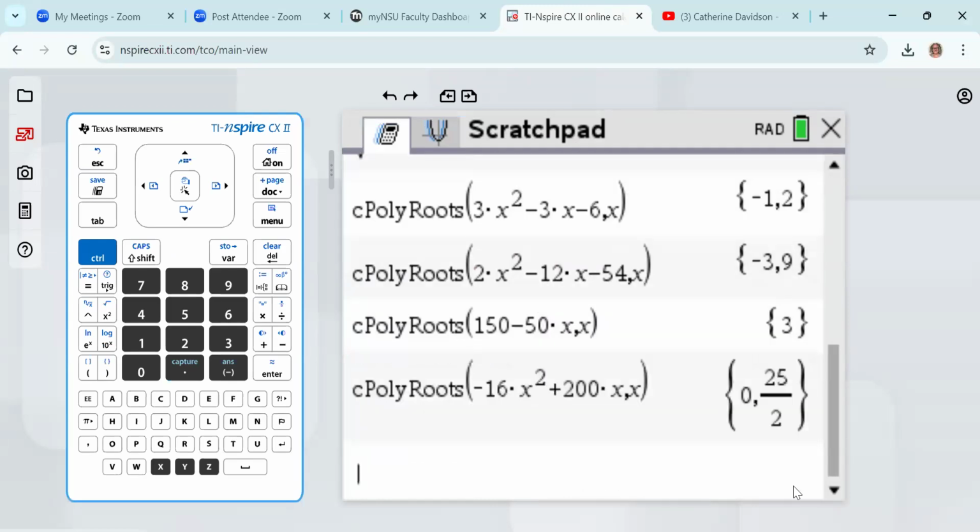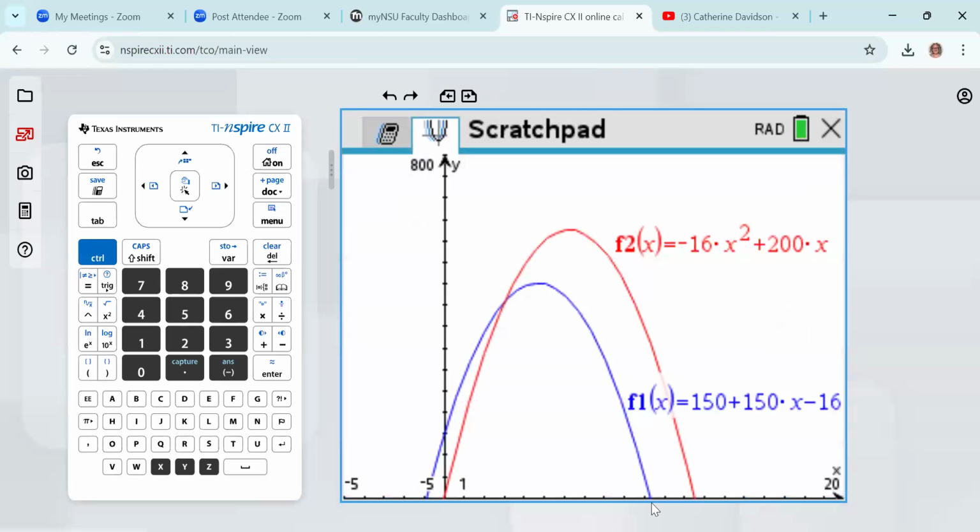So at 0 and 25 over 2. So let's look at the graph again. So 0, okay, it's right here. But at that point, it's below the blue. But at 25 over 2, time-wise, that's where it lands on the ground on the right. So you want to use that one.